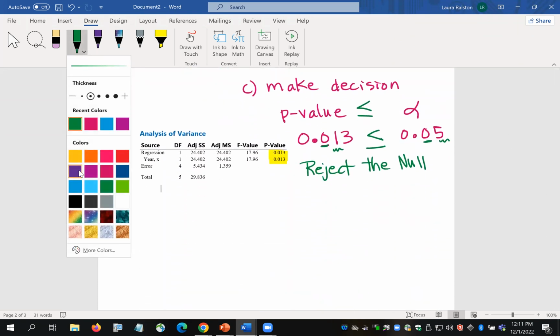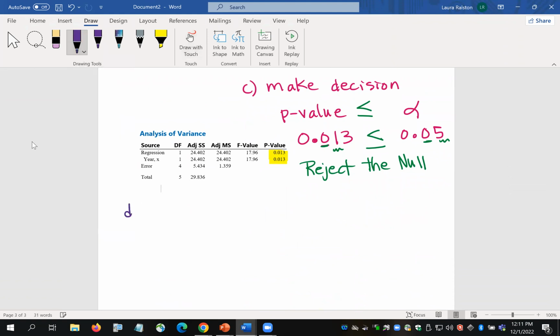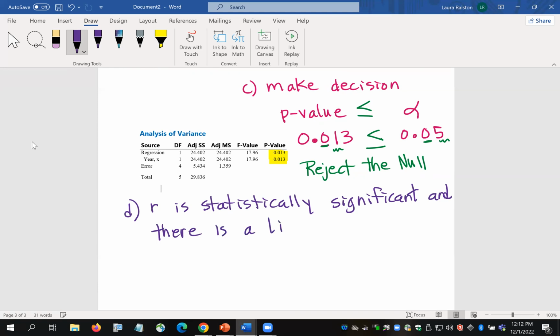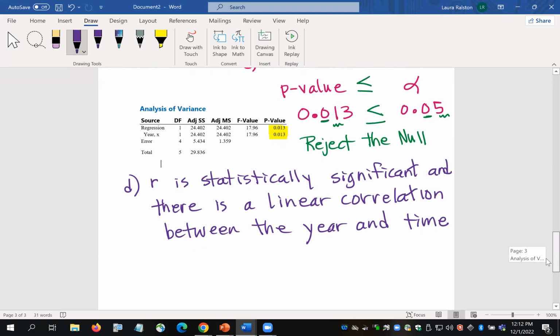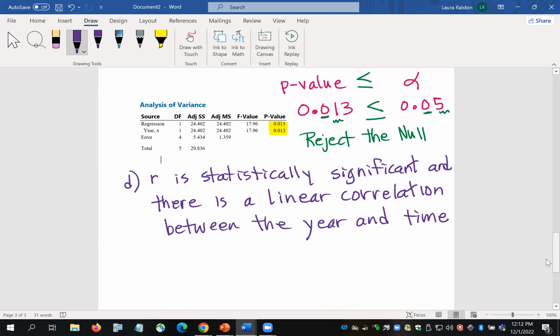So based on my decision, I can now say R is statistically significant and there is a linear correlation between the year and the time in seconds that it takes them to do whatever the event was.